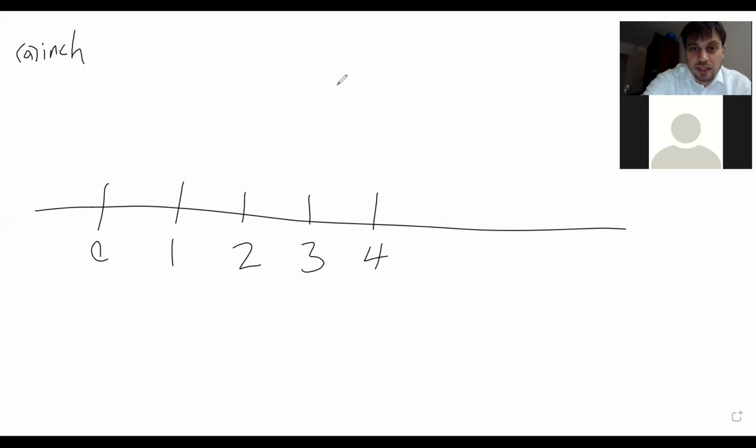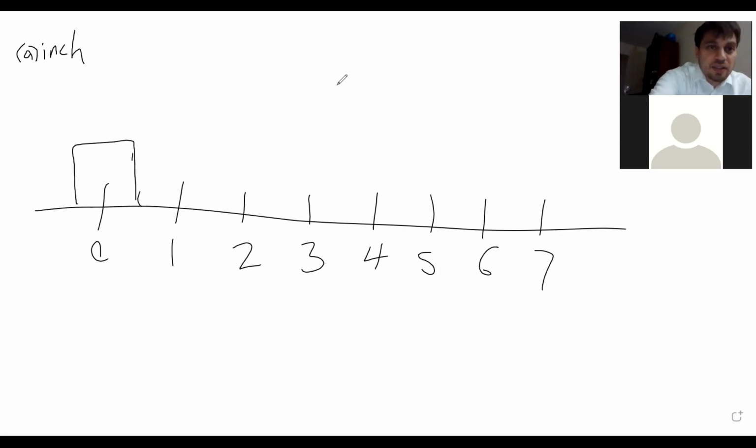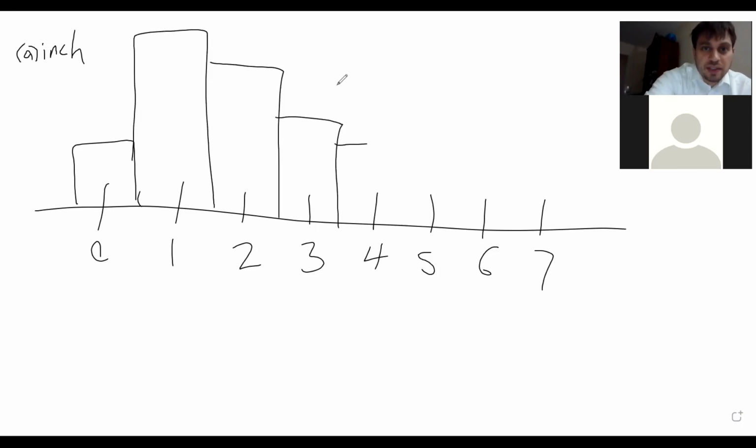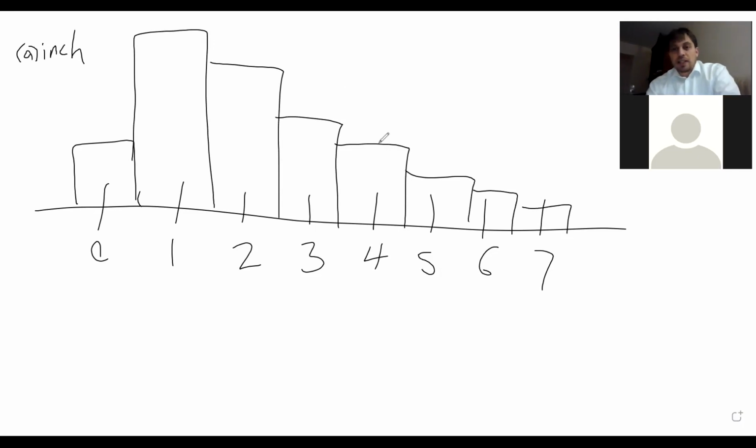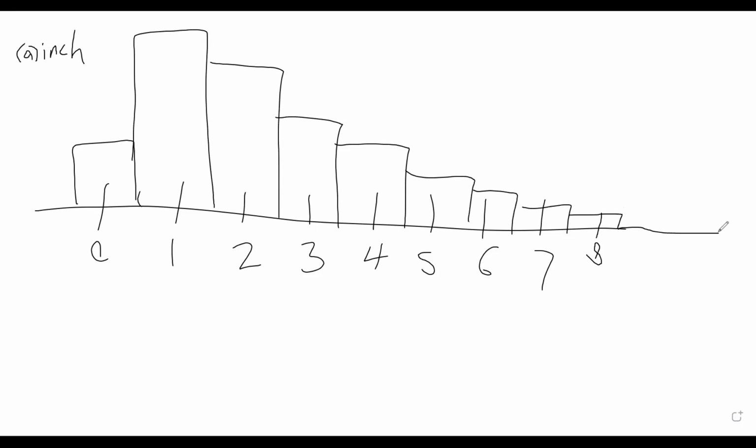You have values, and a rectangle centered at each value, and its height tells you the probability there. So we have this picture, and it keeps going. Here's 8, and at 8 there's another rectangle. Good. And 9.